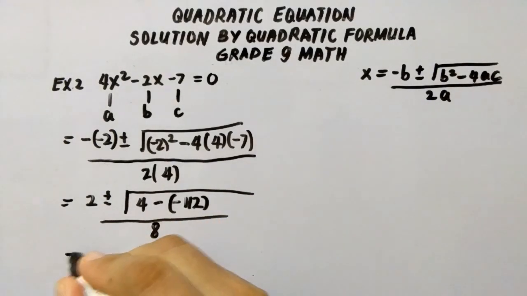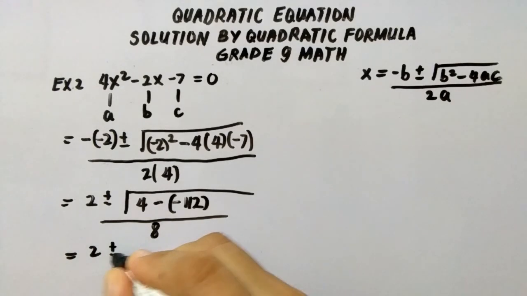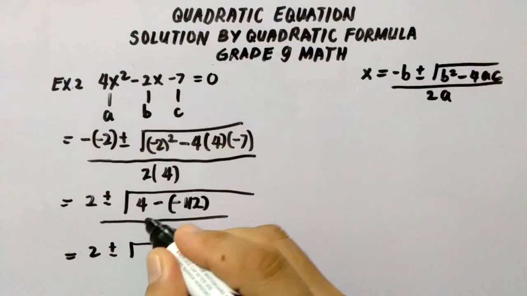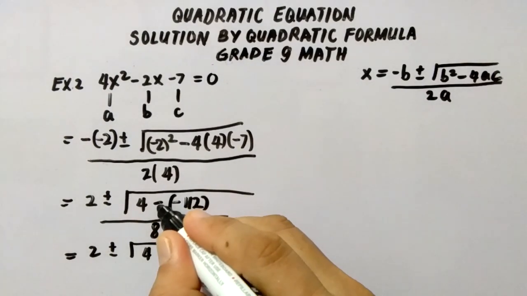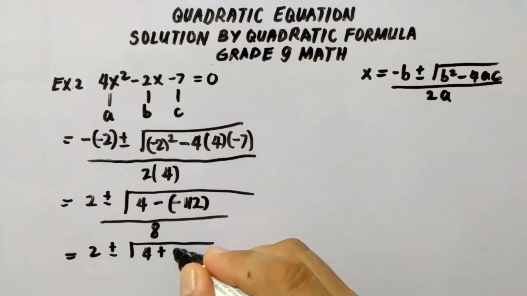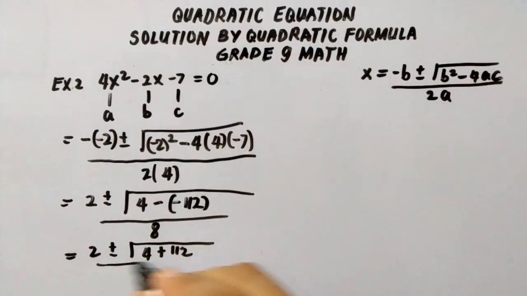So equals 2, positive, negative, then square root of 4, then negative times negative 112, that is positive 112 over 8.